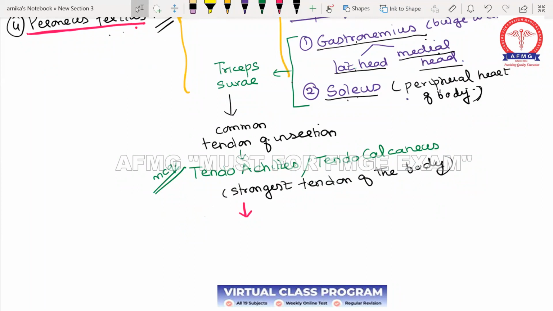Understand? So this tendo Achilles, where is it inserted? It is inserted into the posterior surface of the calcaneum. Remember calcaneum, the heel bone.